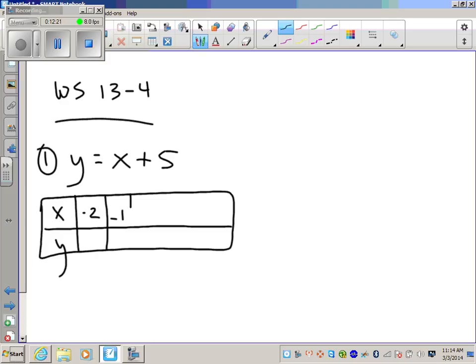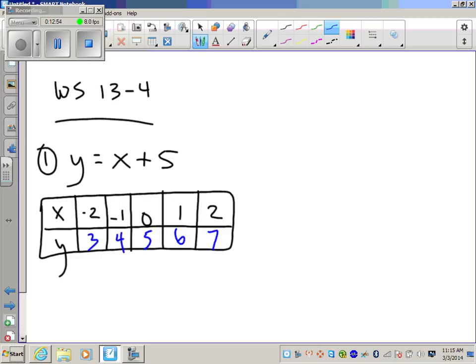Negative 2, negative 1, 0, 1, and 2. So let's plug in the values and find out what our coordinates are going to be. If x is negative 2, negative 2 plus 5 is what? 3. Very good, Eli. If x is negative 1, and I plug in negative 1 for x, add 5, 4. 0, 1, 2. So these are all my coordinates.